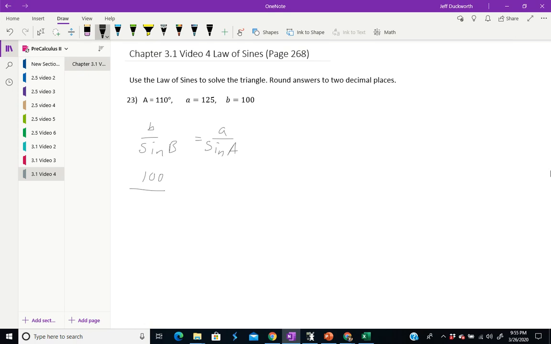We don't have a capital B, so that's going to be sine of B still. Now little a is 125, and our angle for A is 110, so we're looking at the sine of 110 degrees.